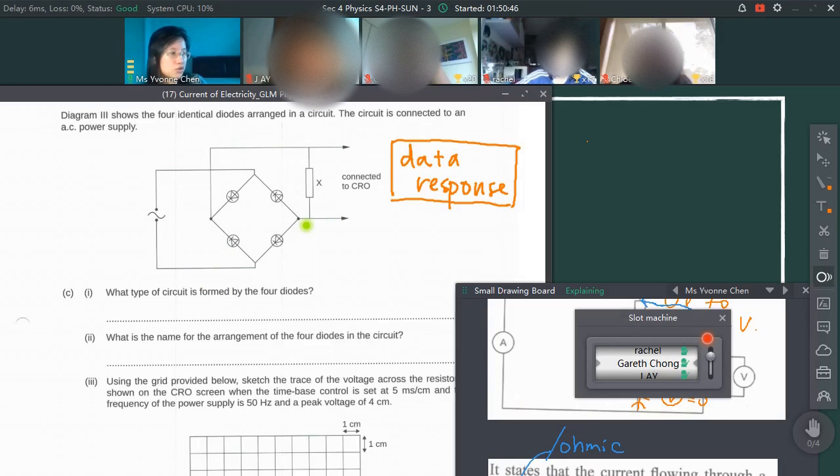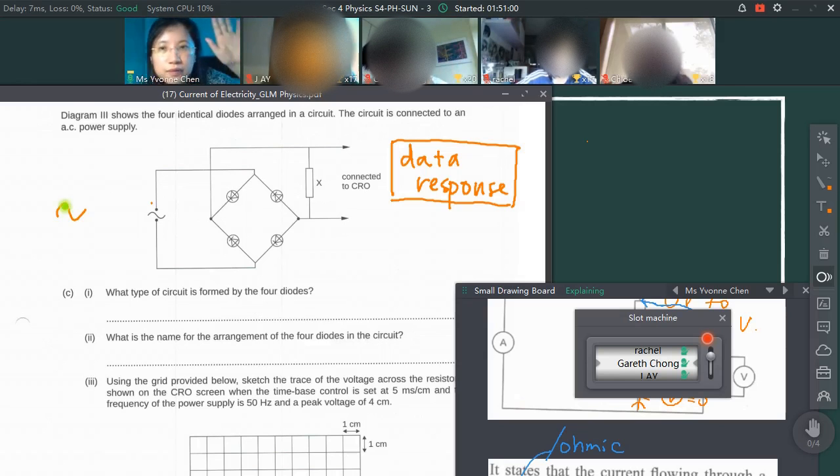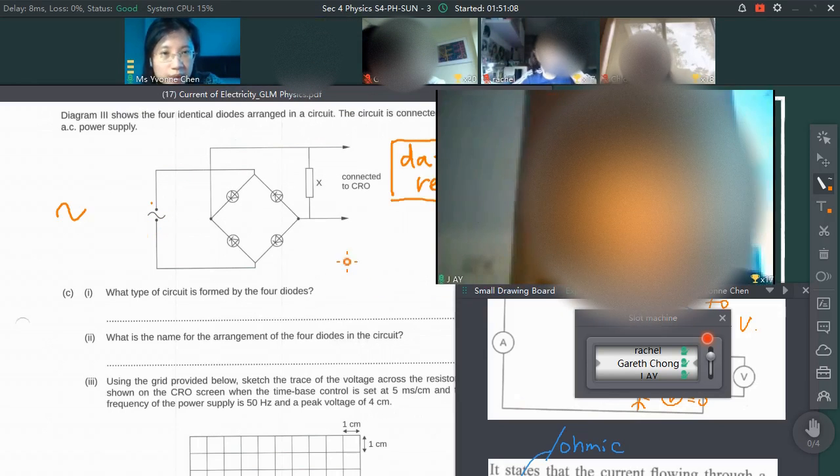So I'm going to show you how the current flows. Who can still remember, if you see this sign, what does it mean? Any volunteer? The input is what? Jonathan, do you remember?